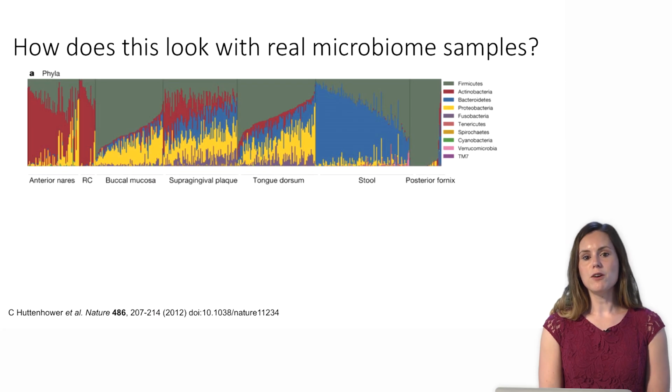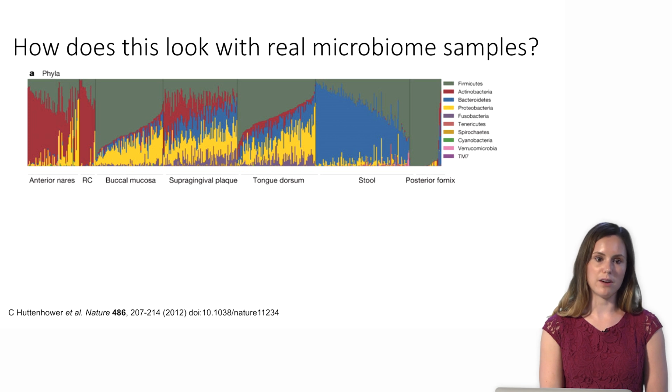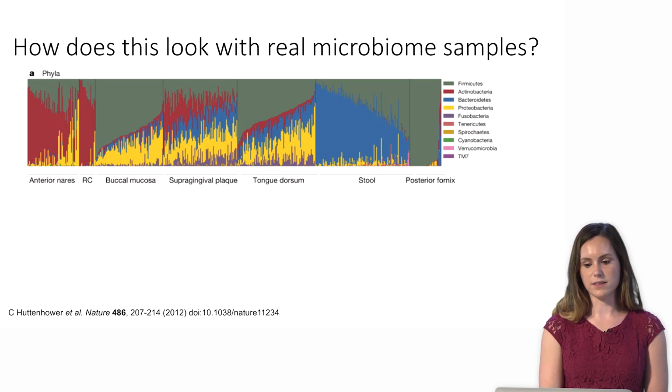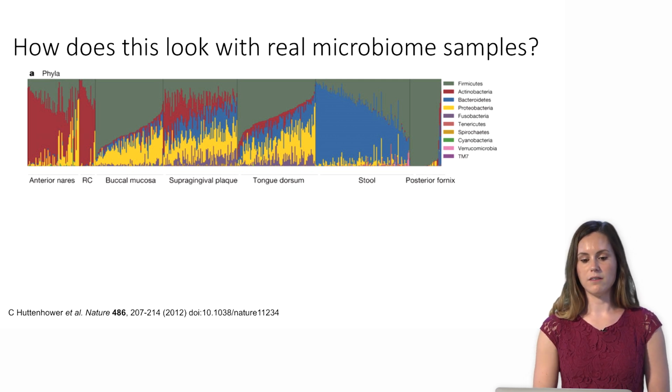So when I think about real microbiome samples, we get the same sorts of data, but this time we use classifications like phylum or genus or species, like we talked about earlier. In this case, this is data from the Human Microbiome Project, which you've been assigned to read about as part of your in-class assignments. Here you can see that bars, like those that I showed you for the jelly bean samples, are visible with big differences between the sites.